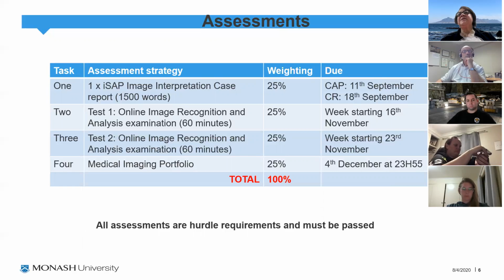And that is the first assessment that will be coming up. So that will be the 11th of September for the CAP, and the 18th of September for the CR report. All the online exams will be done at the end of the year during the university's formal exam period.